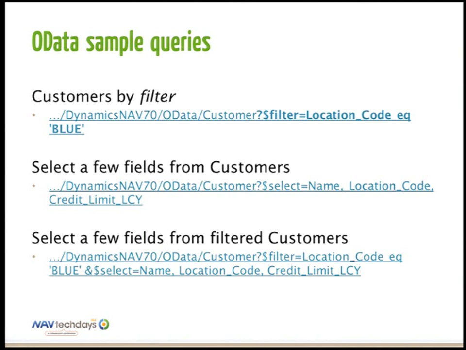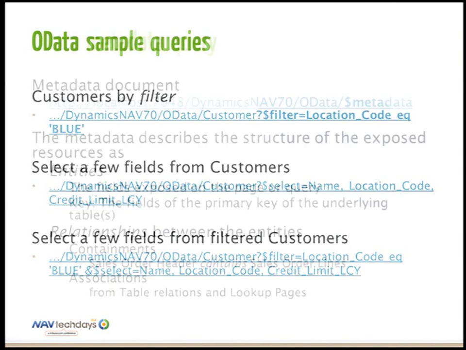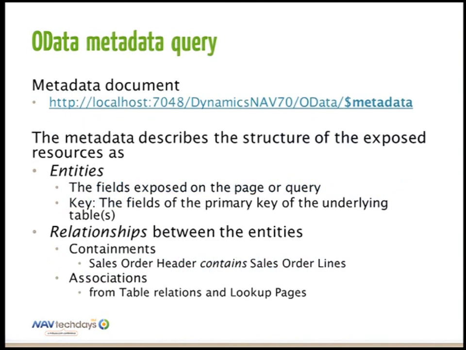And then the last one, I'll show you can do a combination. So here I've done, okay, I want all the customers with location blue, and I just want these three fields. The last one you can do is the metadata query, and when you run this, you will get a description of how this OData endpoint is constructed, what resources are, what each resource contains of fields, name, city, whatever, and the type of the field.